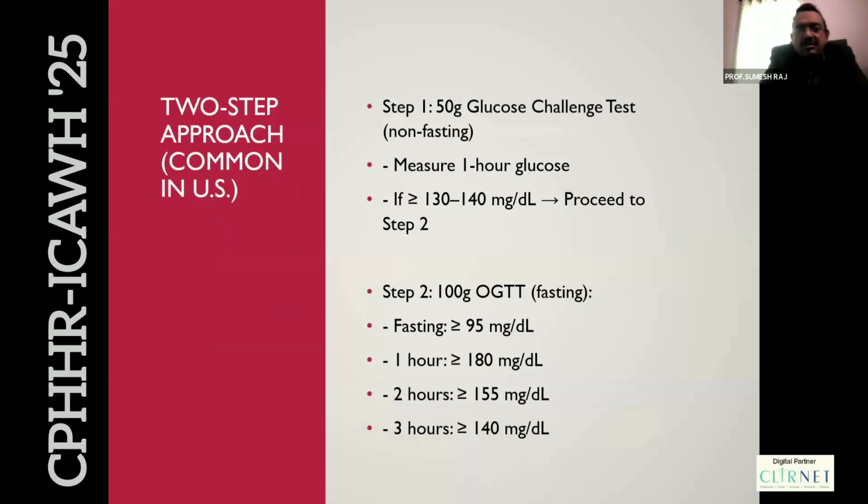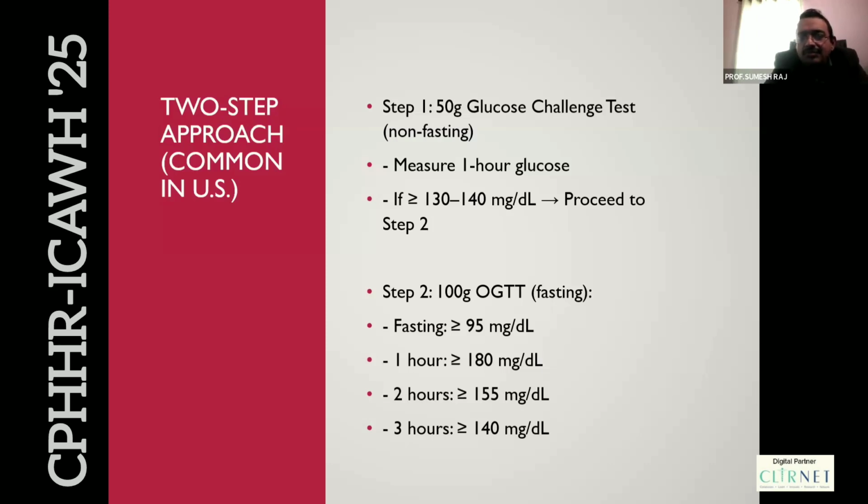Now, this is a two-step approach. This is usually done in many places in India, and it is very commonly done in the United States. That is, first you go for a glucose challenge test, where you measure a 1 hour glucose after giving a 50-gram glucose load in a non-fasting state. Here, the patient need not be fasting, and you do not need the fasting blood glucose value also.